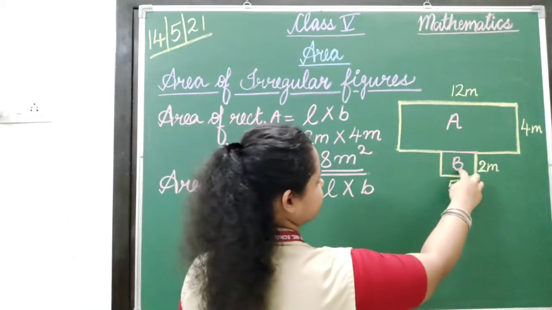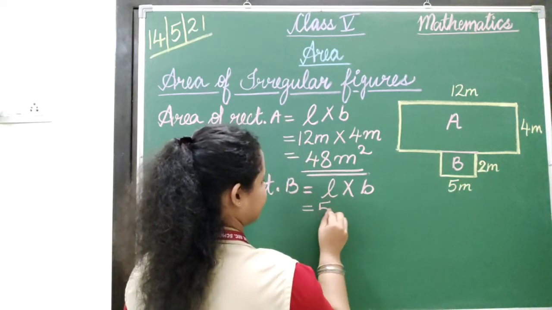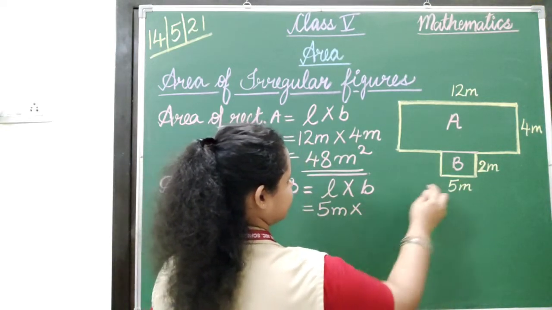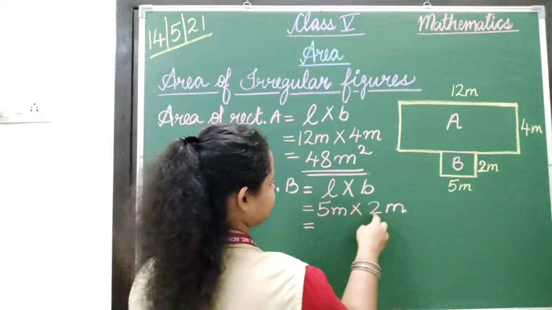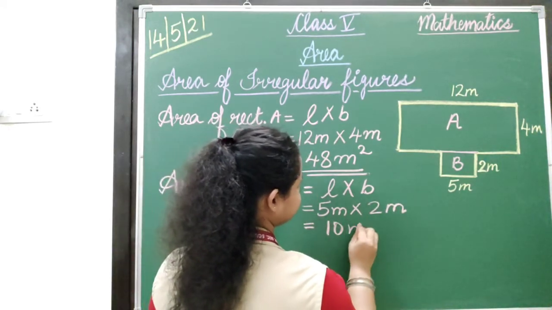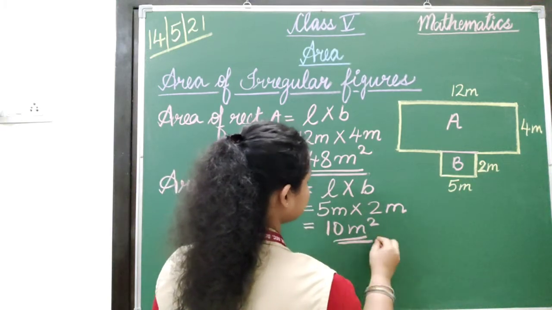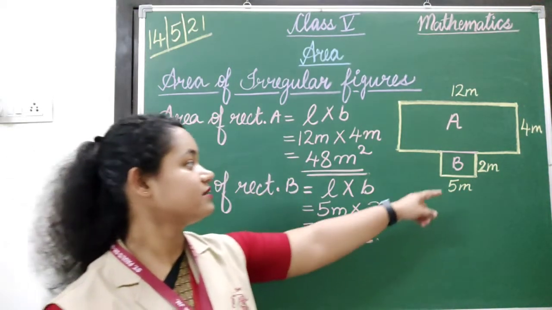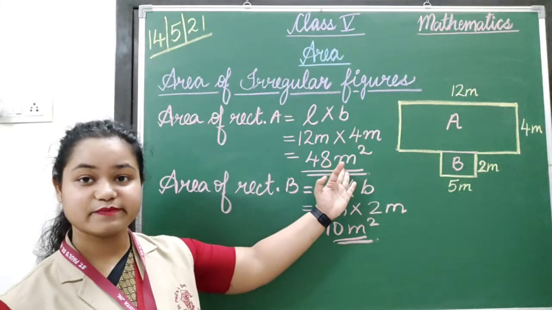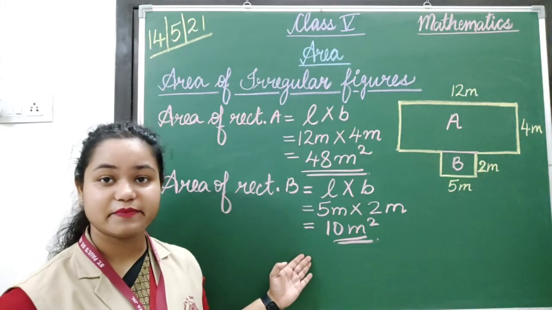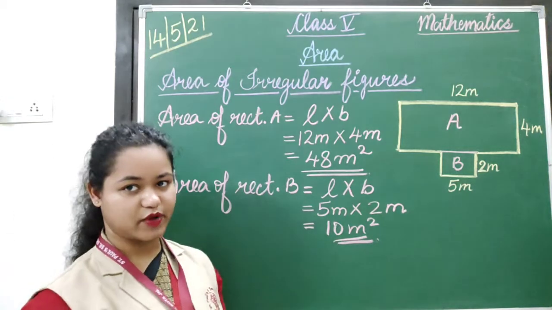What is the length of rectangle B? 5 meters. Breadth of rectangle B? 2 meters. So, 5 twos are 10 meter square is the area of rectangle B. Understood? Area of rectangle A is 48 meters square. Area of rectangle B is 10 meters square.